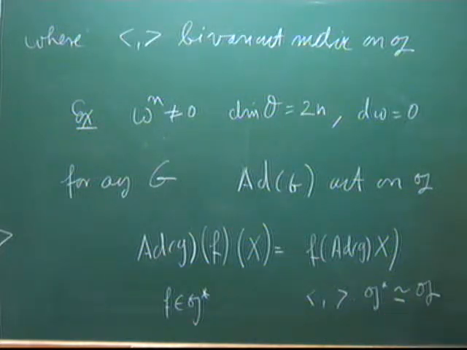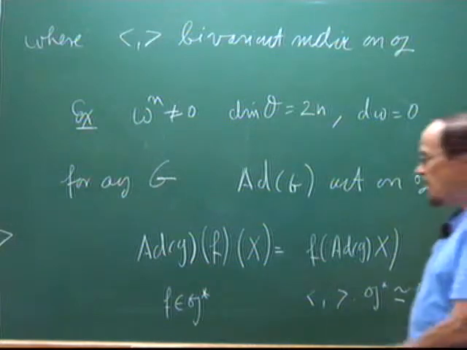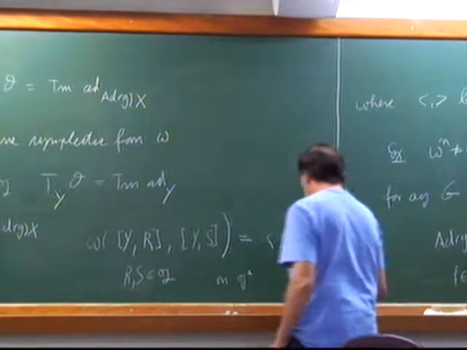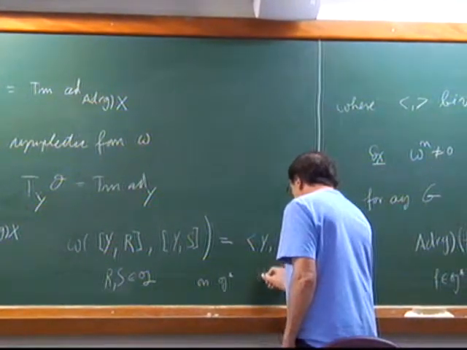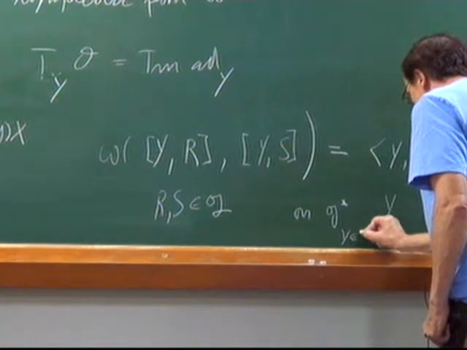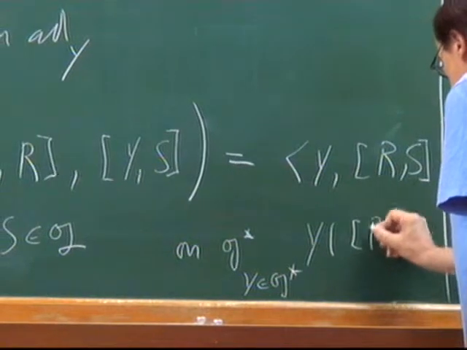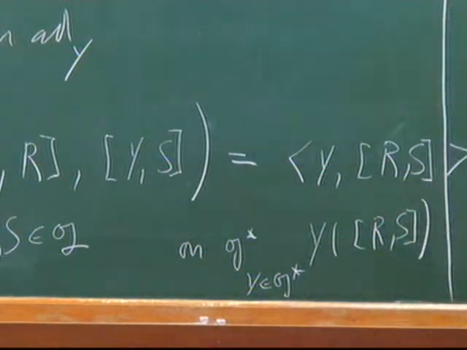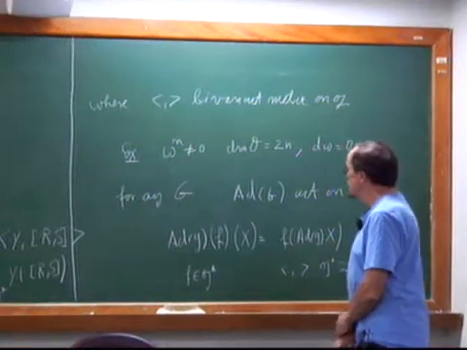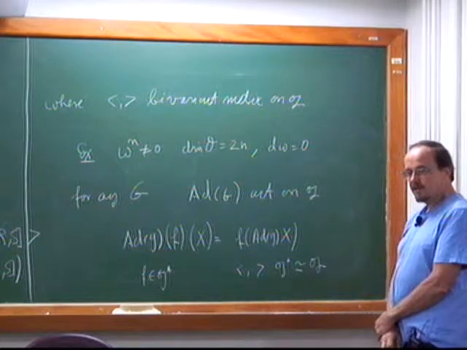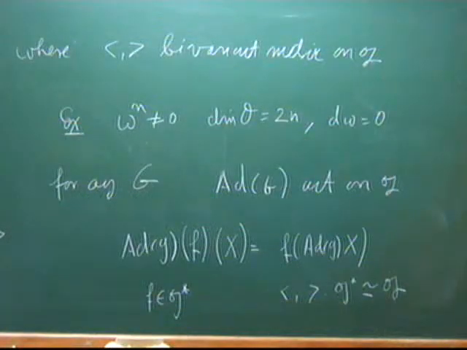But if I look at it this way, I don't need any inner product at all, because I can regard y, the point, as now an element in g star. It's a functional, and I simply apply this to the Lie bracket. So therefore, I don't need an inner product here. And now the same computation is true. This is a symplectic form, d omega is equal to 0. So every co-adjoint orbit is a symplectic manifold. And that's true for every Lie algebra. It has nothing to do with compactness.